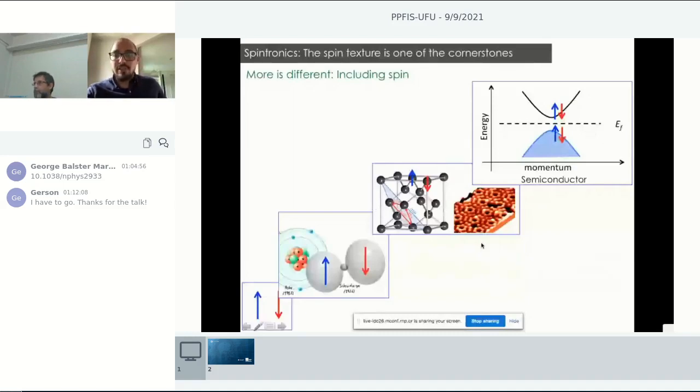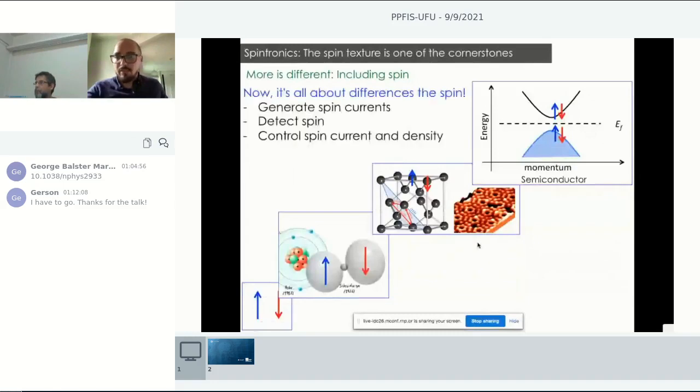If you consider, for instance, a spin-orbit coupling, I'm going to explain that later. But then the real, let's say, street we would like to use to work in this new or novel possibility to construct devices is essentially in the context of spintronics, and is related with the generation of spin currents, detecting spin currents, and controlling the spin currents.